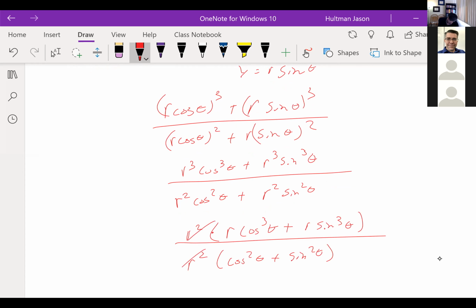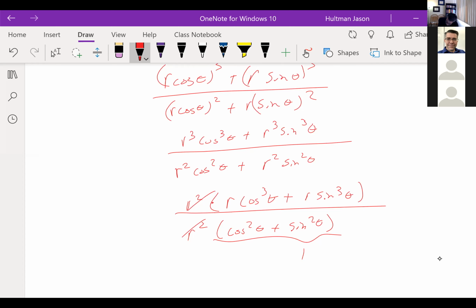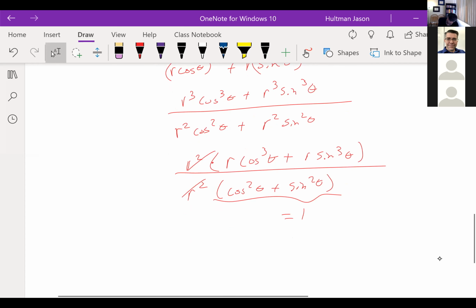That goes away. This becomes 1. So we're just left with r cosine cubed theta plus r sine cubed theta.